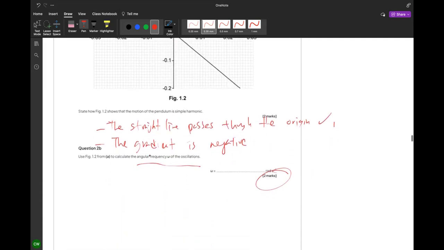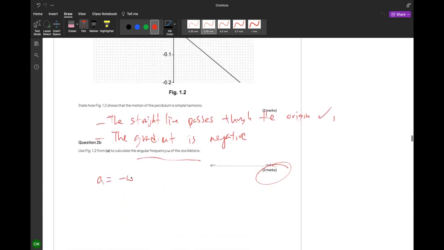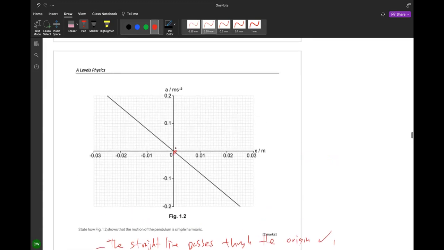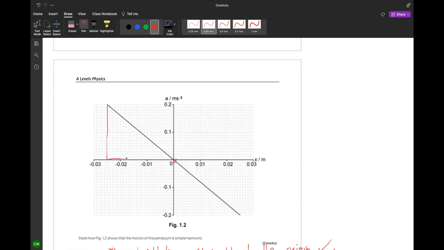First, you need to know the omega square. The omega square is the gradient. What is a gradient? Take this one, divide by this one. So the height is 0.2.